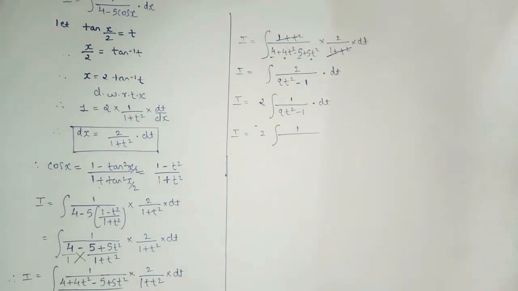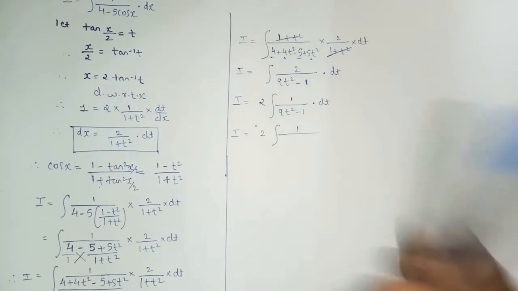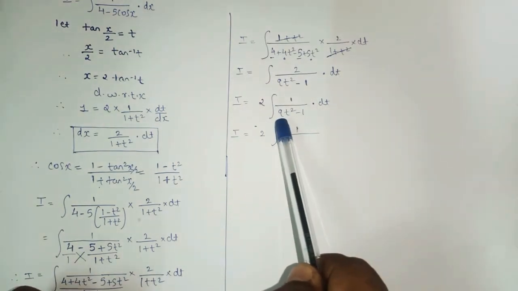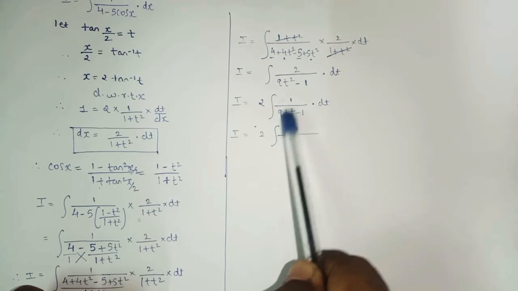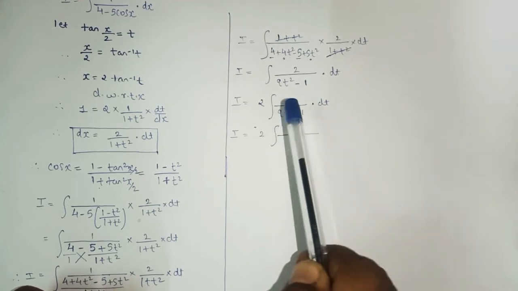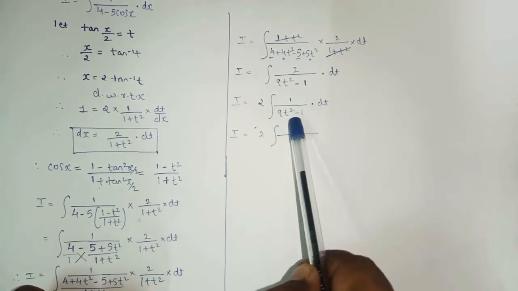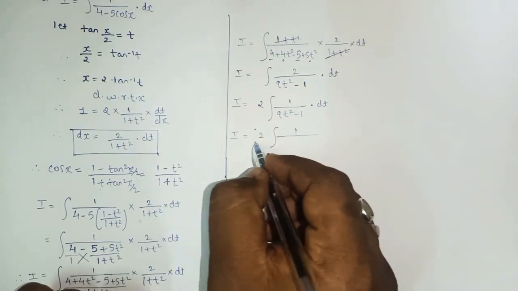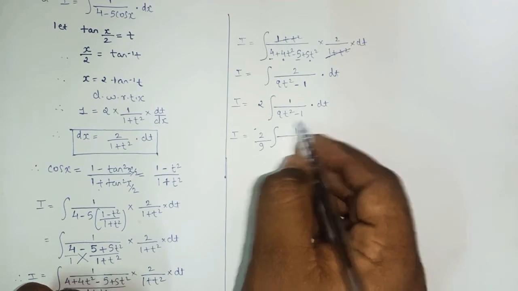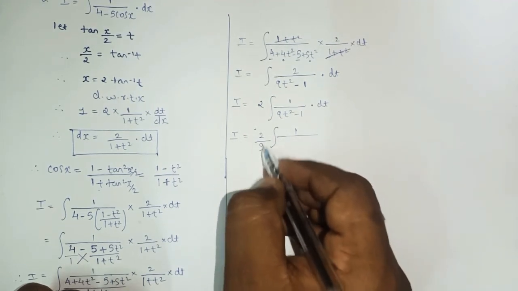But we have to stick with the proper steps, as we have to make the coefficient of the square term 1 and the sign should be positive. Here the sign is positive, but we have to make the coefficient of the square term 1. So we'll take this 9 outside the integral, as it will come outside as 1 upon 9.